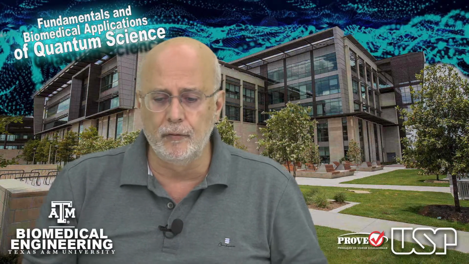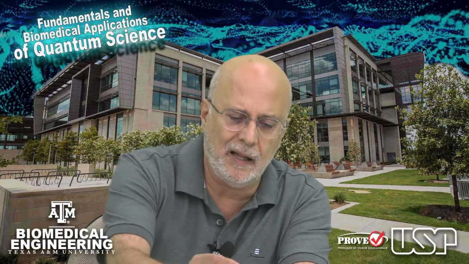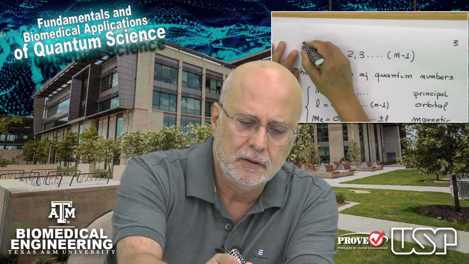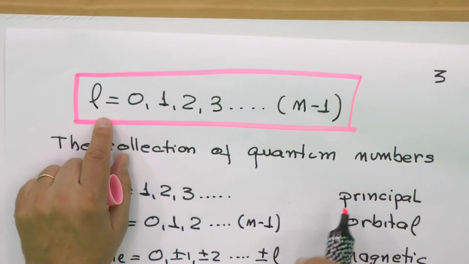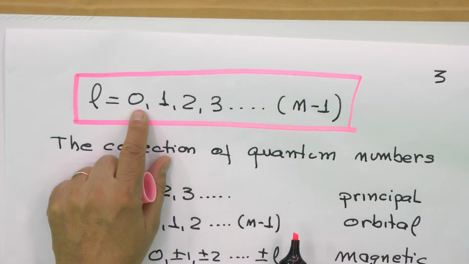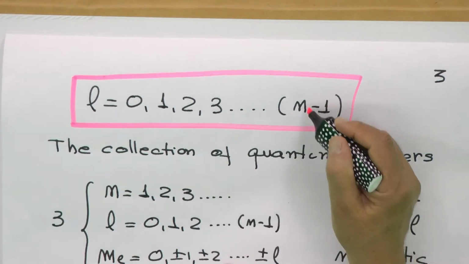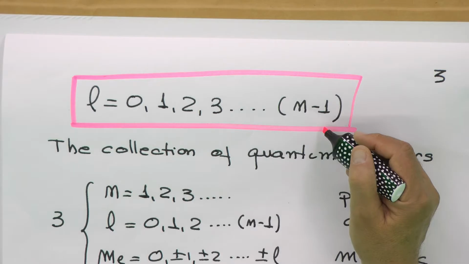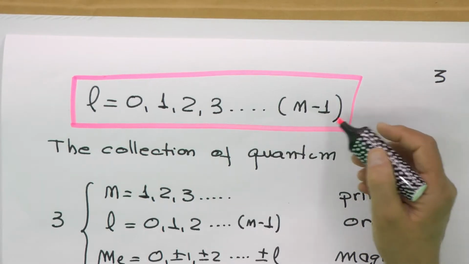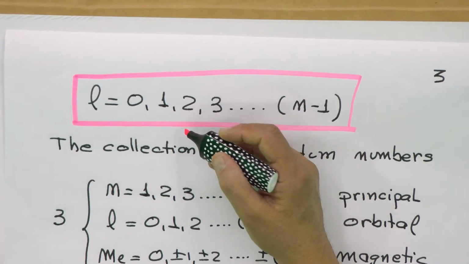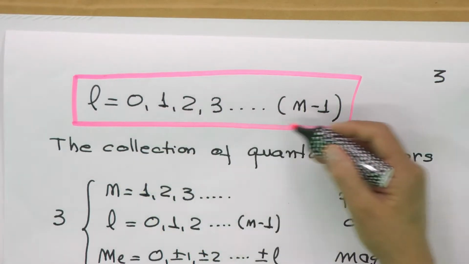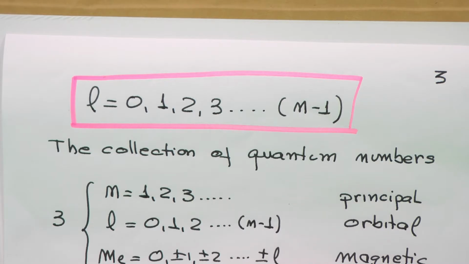Okay, so L, if you look when the solution exists, you're going to find out that the value of L is bounded to n minus 1. So L can have any values, 0, 1, 2, 3, and so on, until n minus 1. So for a given n, we have a collection of possibilities for L. And for a given L, we have a collection of possibilities for ML.